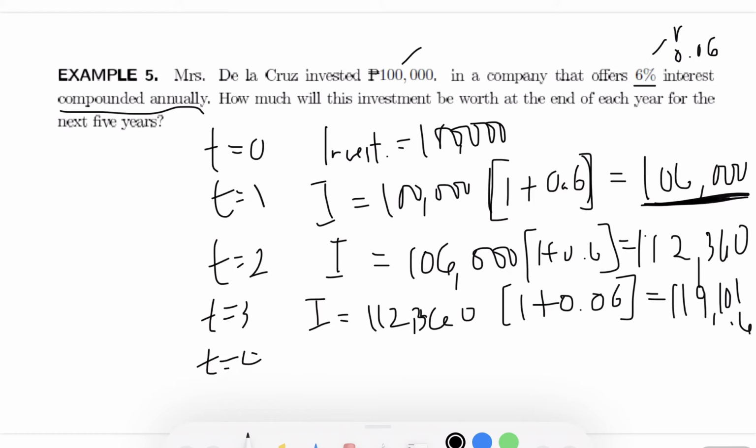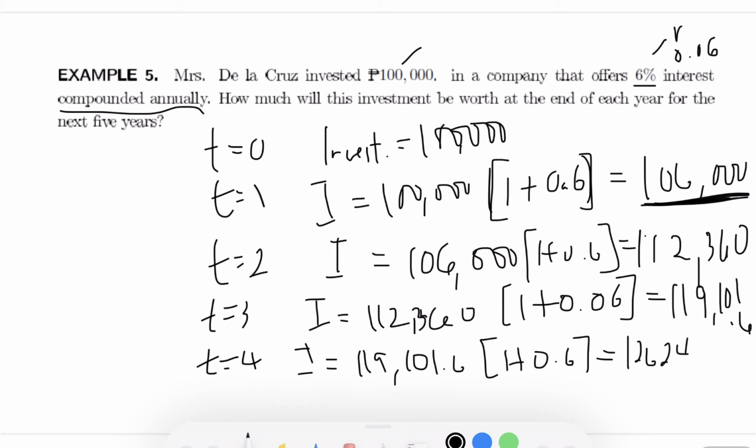At time 4, the investment will become 119,101.6 times 1 plus 0.06, approximately 126,247.70.